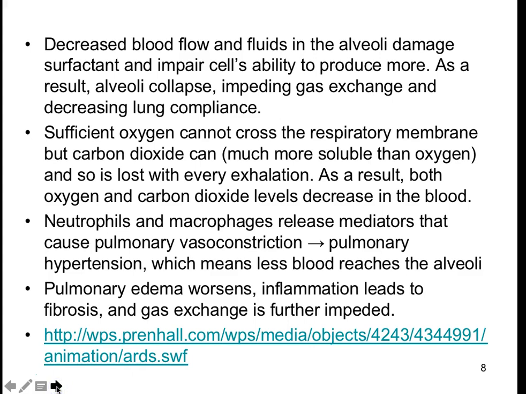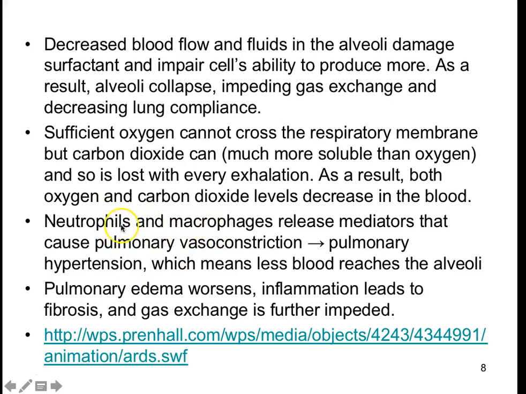Now, meanwhile, back at the ranch, there is decreased blood flow and alveolar damage. It can actually cause alveolar collapse. You're not going to get the oxygen in because it does not dissolve in vomit. And then the CO2 is able to be exhaled, but that brings you into that type 1 hypoxic respiratory failure.